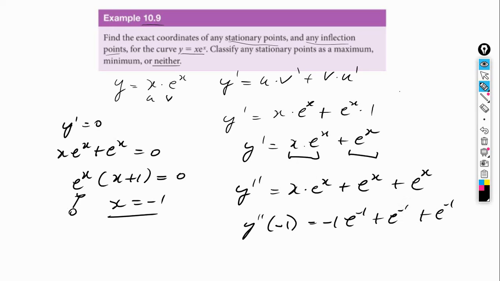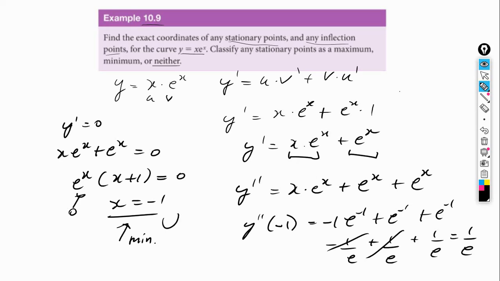And this is going to be -1 over e plus 1 over e plus 1 over e. And we can cancel this out with that. So the answer is 1 over e, and this is just going to be positive. Therefore, the concavity is upward. So this is definitely a minimum.